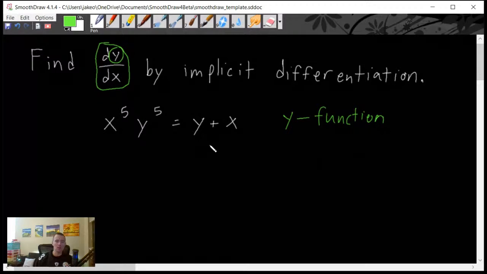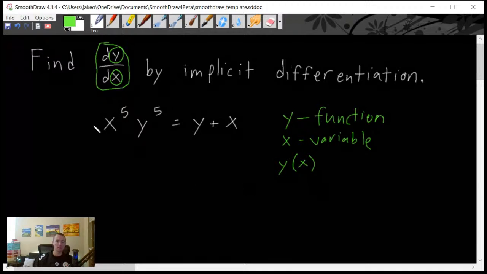And the thing that it is a function of is whatever this letter down here is. So right here we know x is going to be our variable. So right away we know y is a function of x. You could almost think of it like this, y of x.